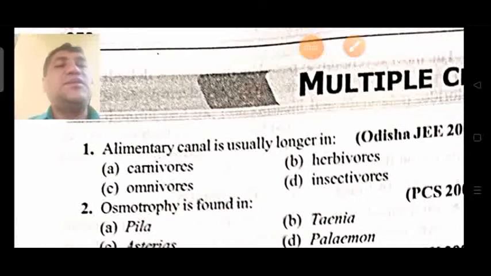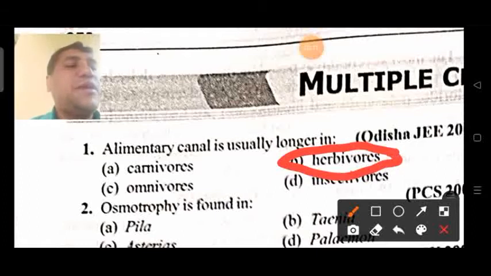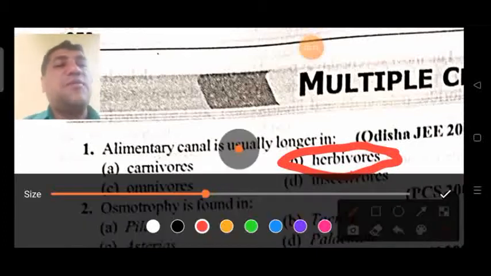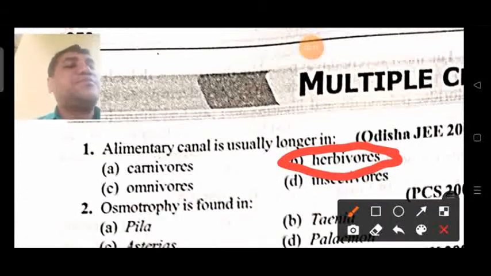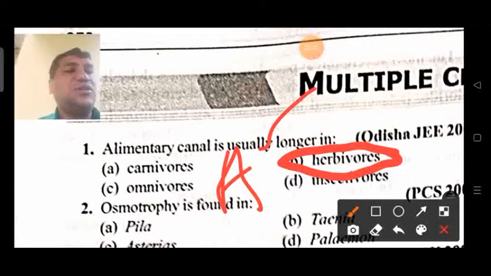Insectivorous animals do not have that much. So your answer for the longer canal will be only in the case of herbivores. Herbivores will have the longest. So option A is the answer for this question.